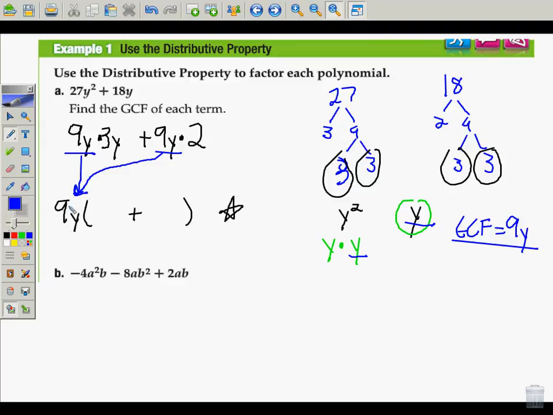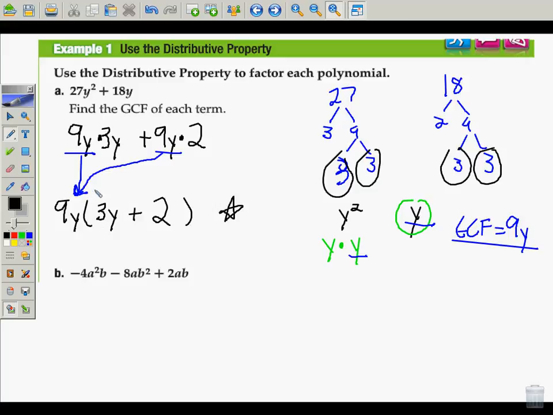And then you can see I'm left with 3y plus 2 inside the parentheses when I factor out that 9y. And this is all factoring is. It's rewriting it, kind of going backwards to before you distribute it. You can think of it that way.